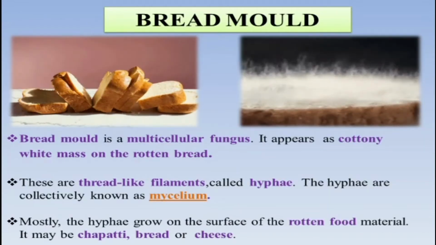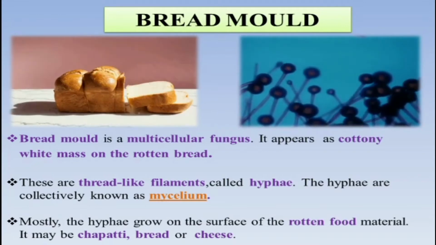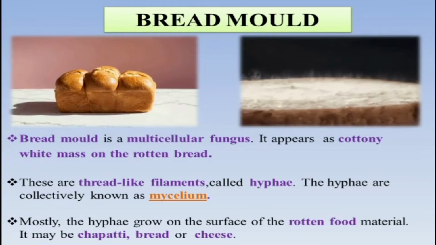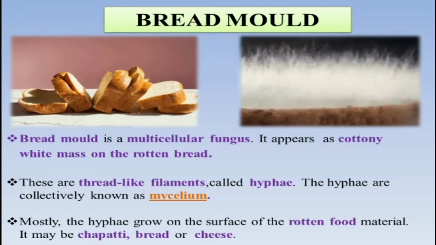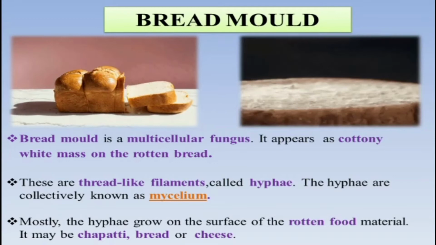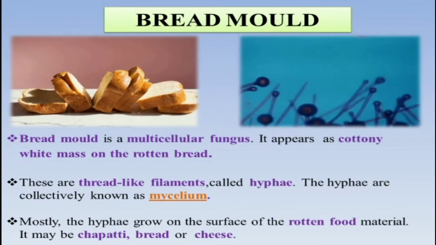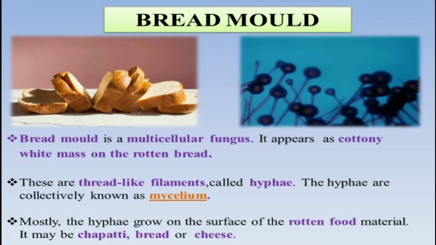The next one, bread mold. Bread mold is the mold present in bread. You can see in both pictures, normal bread is in good condition. After 2 or 3 days of being kept in an open space, what happened?